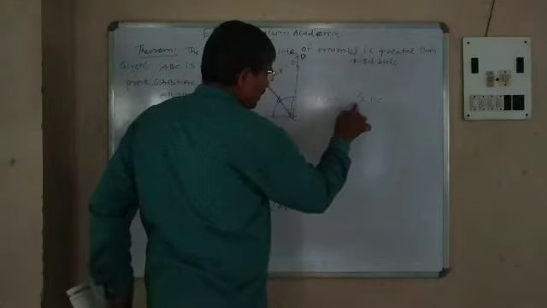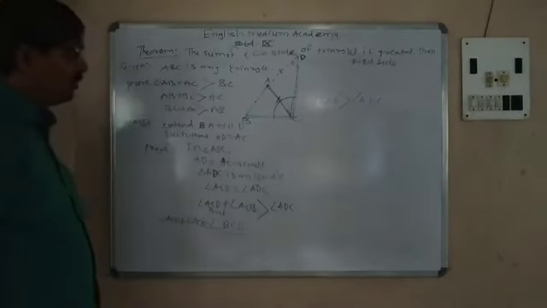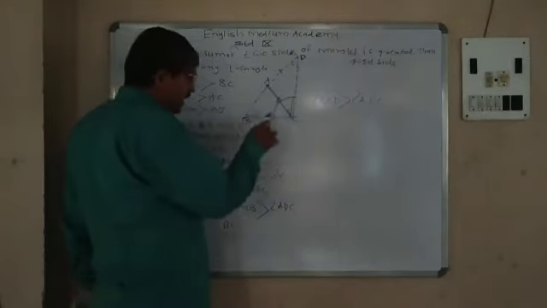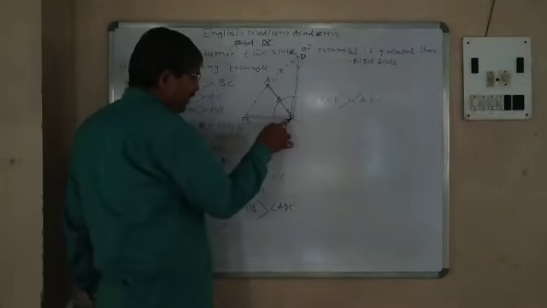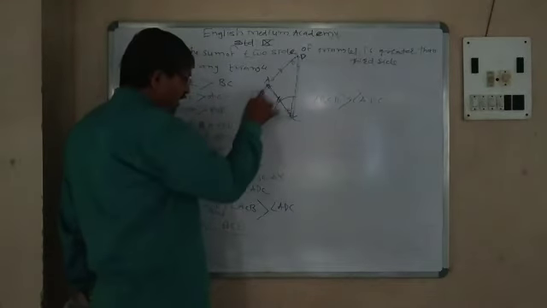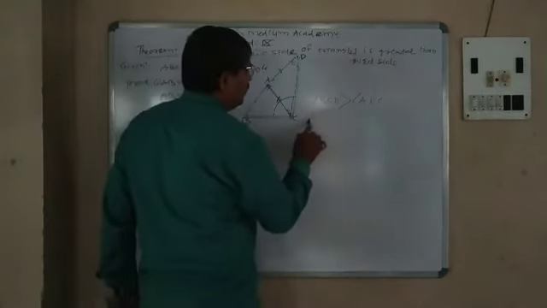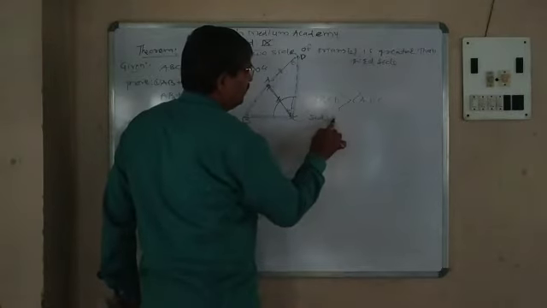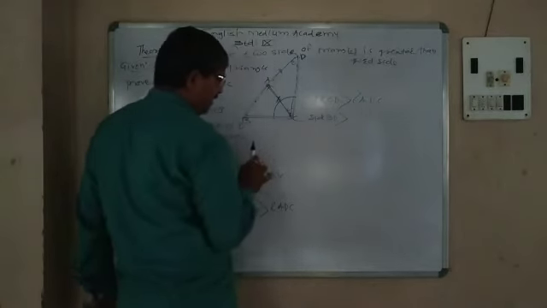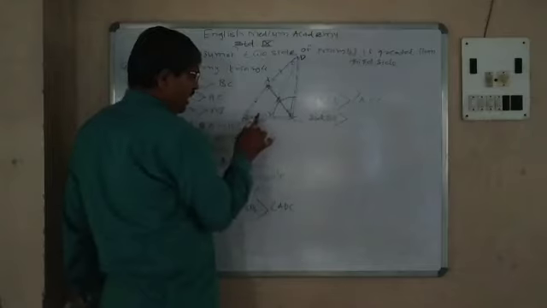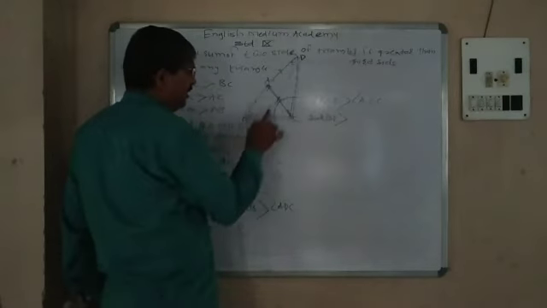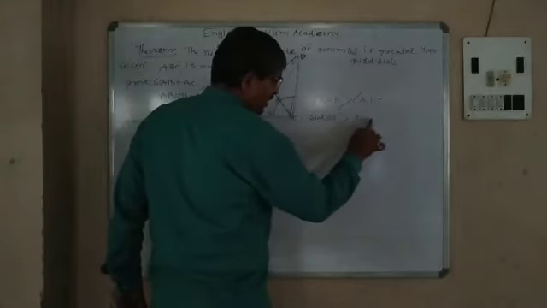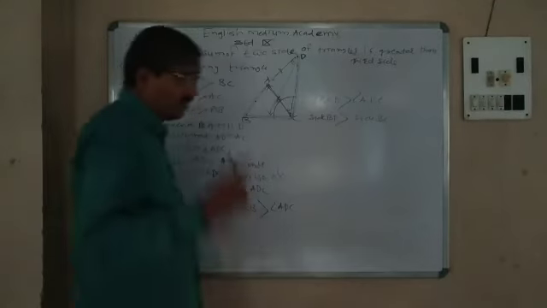Okay, correct. Now, which side is opposite to angle BCD? BCD's opposite side is BD. Therefore, side BD is greater than which side, opposite to angle D? BC. So I will write here side BC. Means what happened?